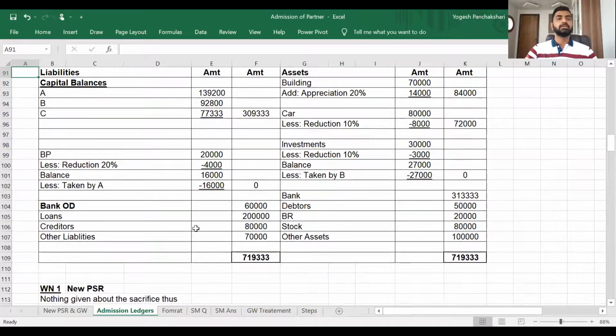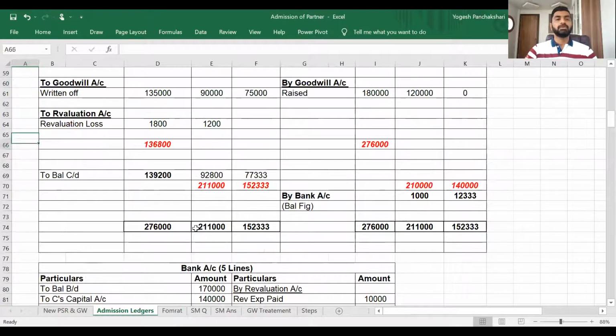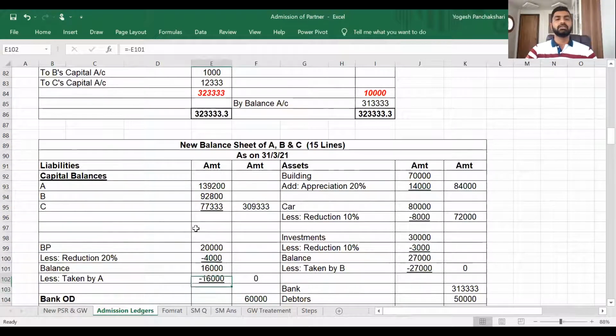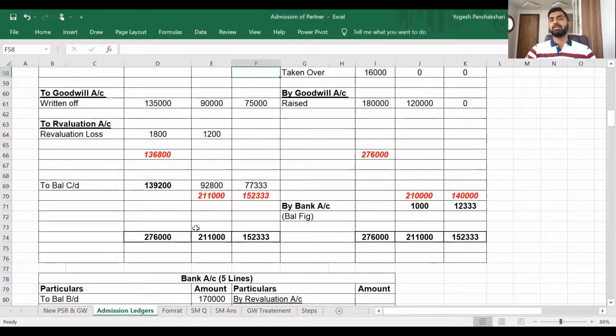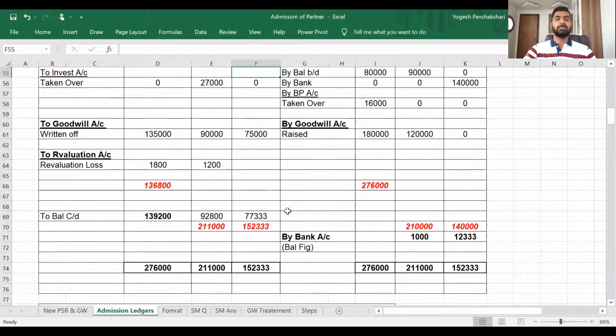So this is recorded in the capital account on the debit side to balance carried down, immediately recorded in the balance sheet. These are the expected balances. But it doesn't mean that they must be having the same balance. So what we will do is we'll find out the balancing figure that will go to bank. So if you are having excessive cash, you can withdraw. If it is short of cash, you will bring some cash in. So this is the balancing figure of B and C's account by bank.